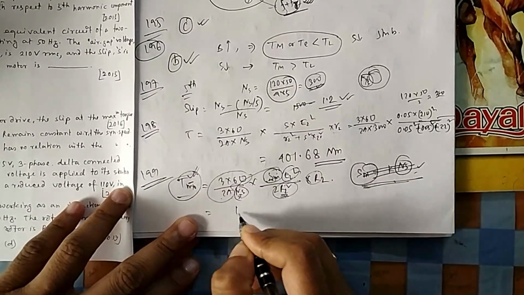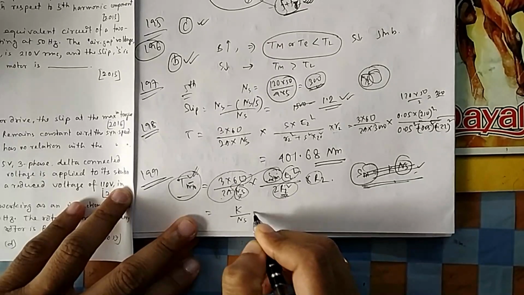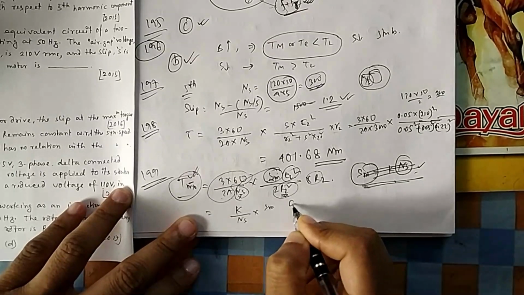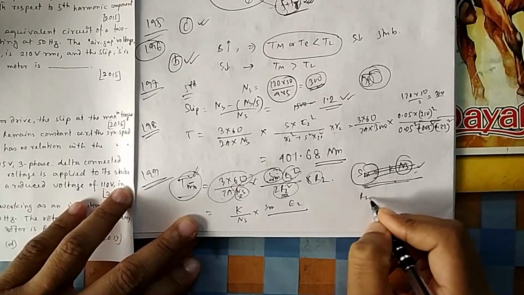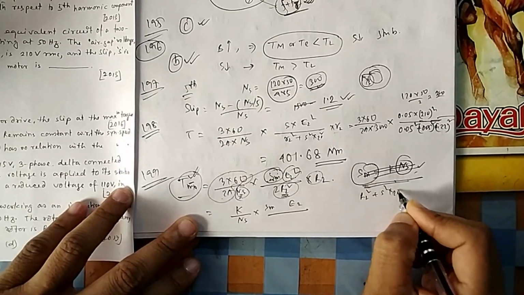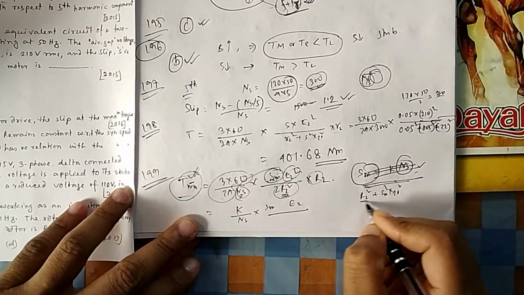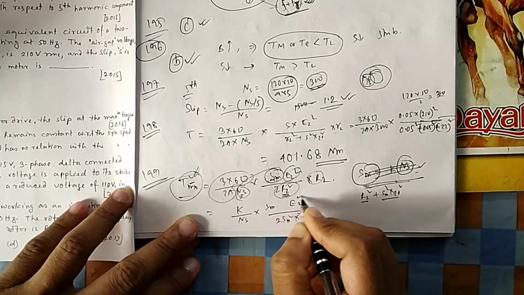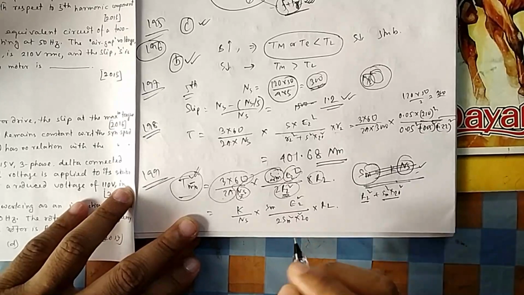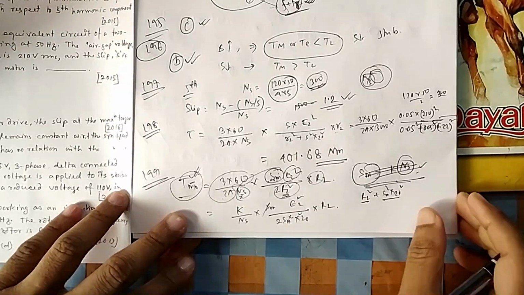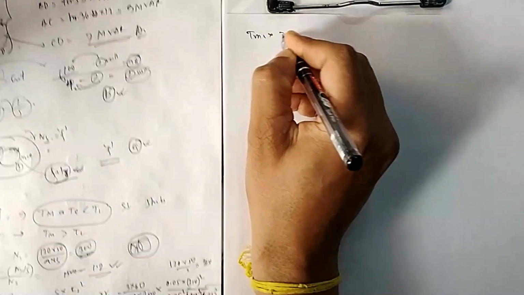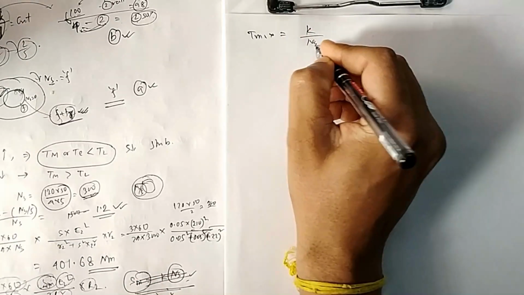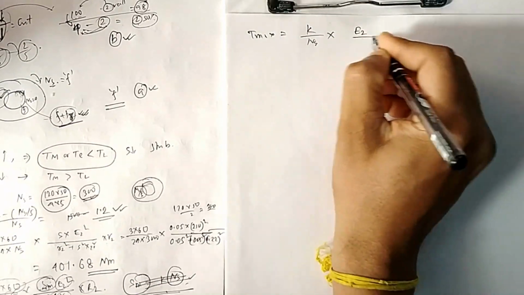So you can write some constant by NS into SM into, instead of E2, R2 square plus S square X20, and at maximum both these are equal. So you can write 2 S max square into X20 square. This will get cancelled.